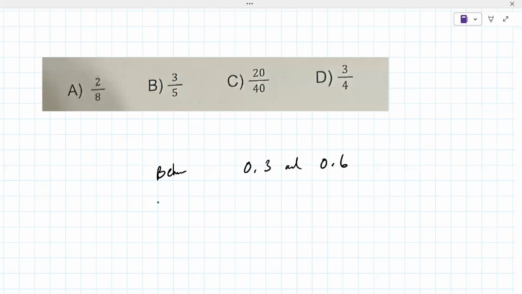B and C. So B is 0.6, C is 0.5. So it depends how it's worded, right? It could be just C, it could be that one. All right, very good.